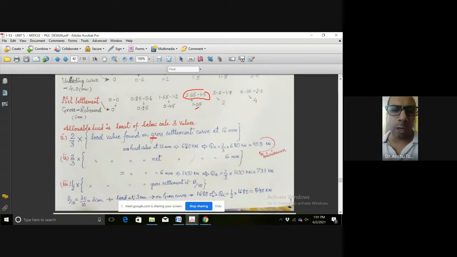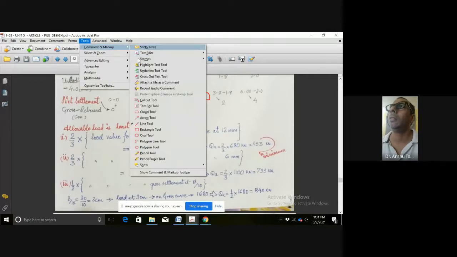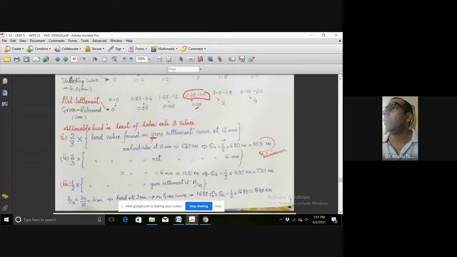Now 2/3 of 680 kilonewton will give me the value of ultimate bearing capacity of the pile, that is 453 kilonewton.